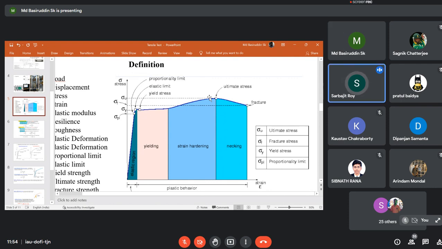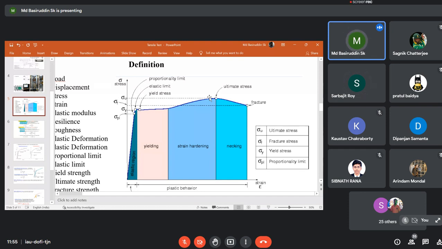Yes, sir, I can explain. In the engineering stress strain curve, the stress is calculated based on the original area. After the necking occurs, the cross-section area is decreasing at the necking portion. That's why we get a lesser load compared to the previous portion, but the cross-section area used remains the original area. Yes, very good.